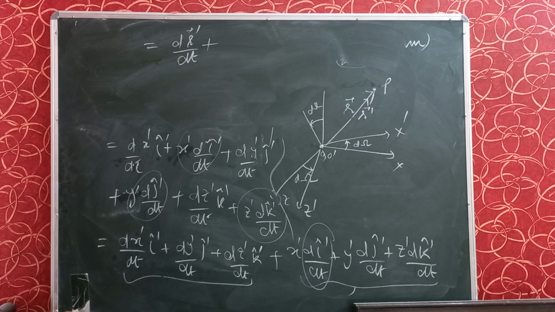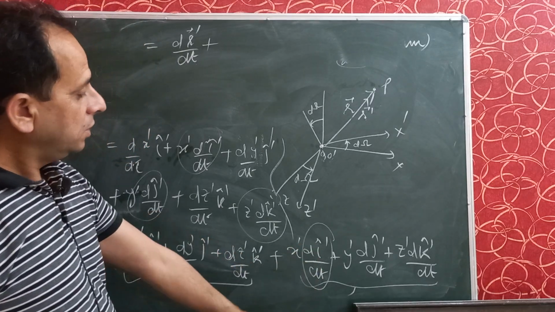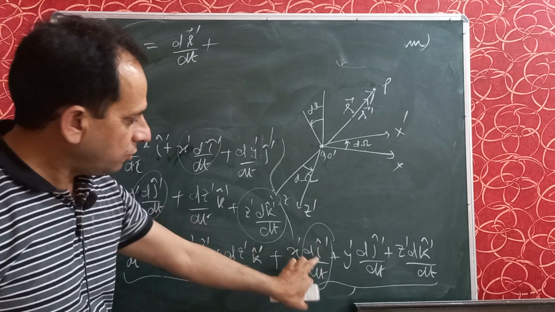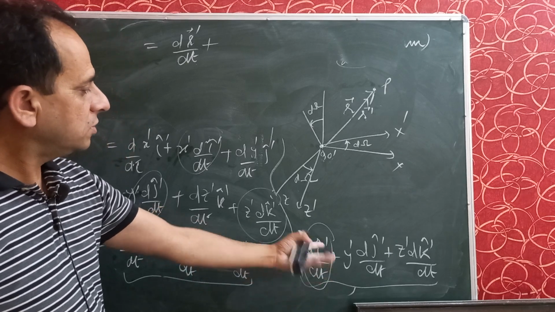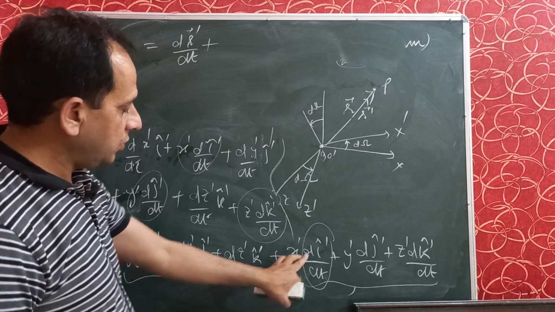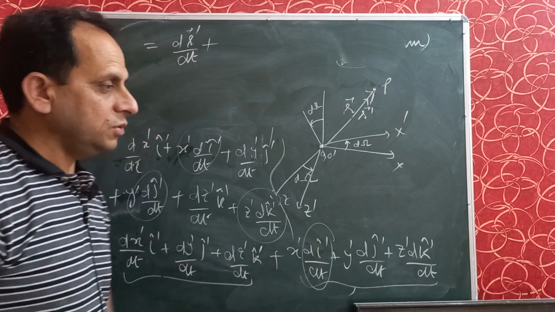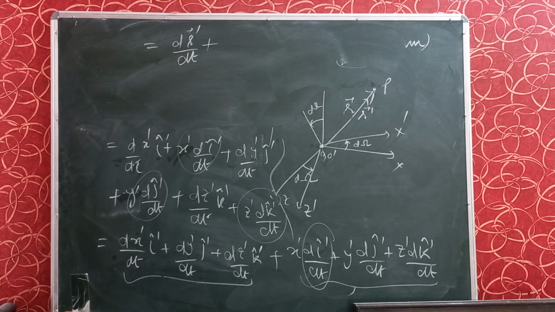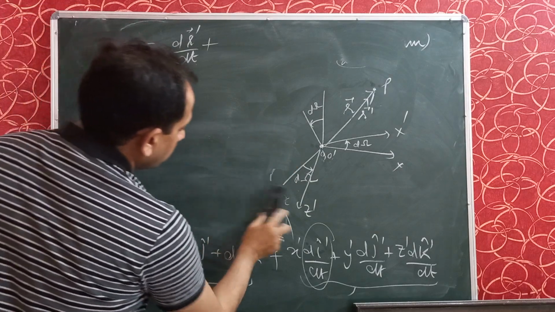So, we have not studied such type of derivatives. We have studied the derivative of any function. That function may be displacement, velocity, acceleration and something, but in this case it is the derivative of a unit vector. So, we have not studied the derivative of any unit vector.